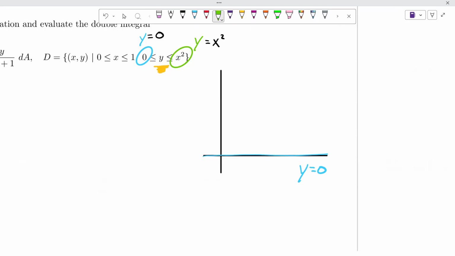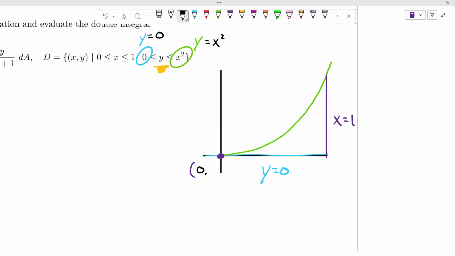My other graph, y equals x squared, is a parabola. Close enough. I then know that x is between 0 and 1. So I'll have the line x equals 1 over here, and then also the origin, 0, 0.